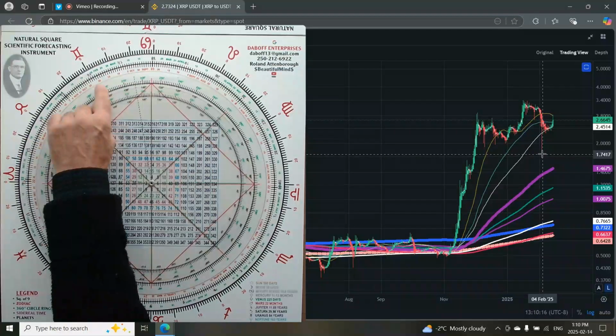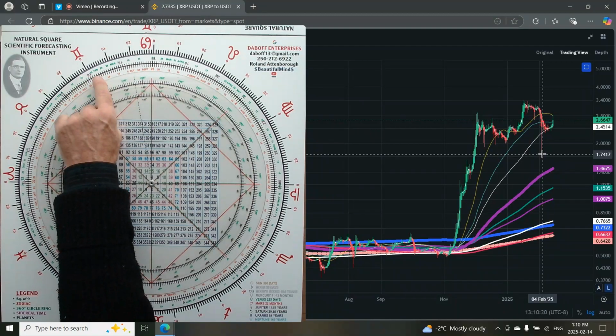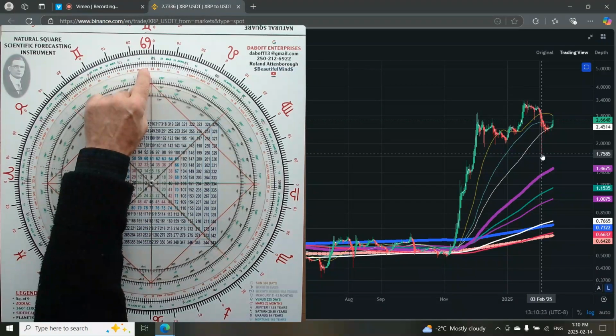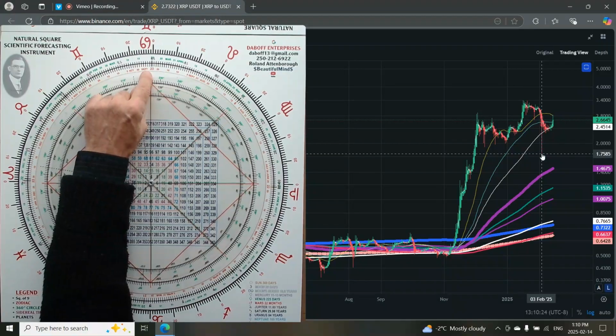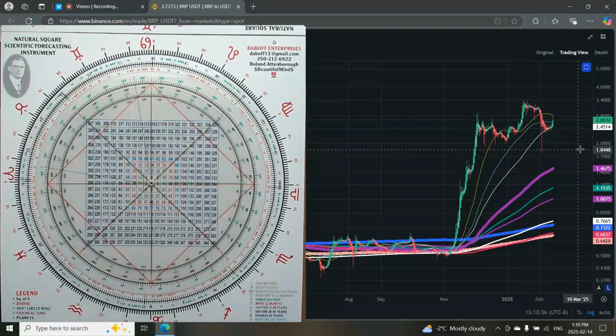The next point moving forward for XRP that you should watch out for is, I'm stating, we should be looking really close for some sort of change in trend around the 19th or 18th to the 21st, somewhere in that period in March. There's going to be some major stuff out here. A top perhaps out here.